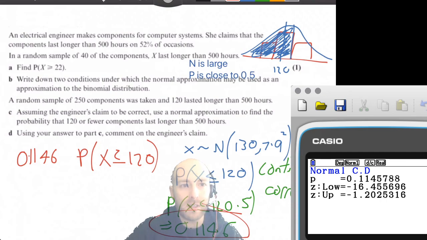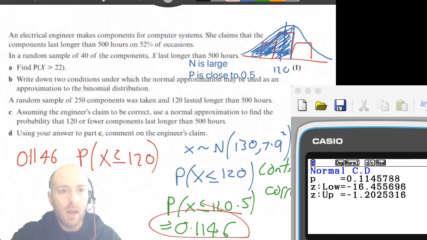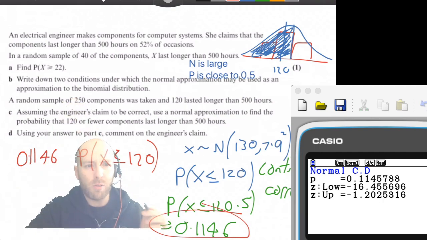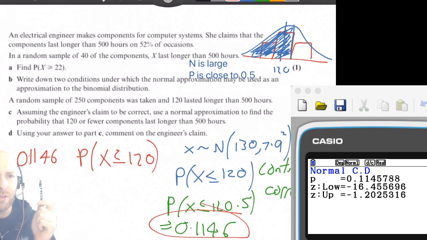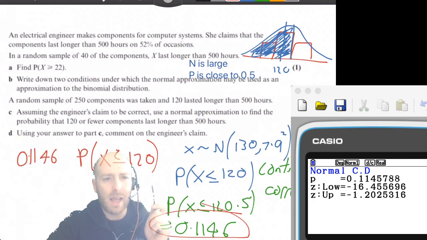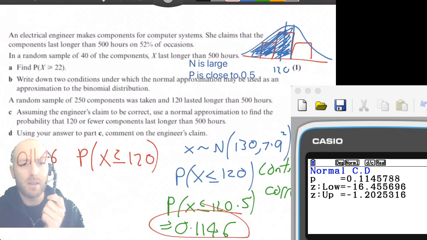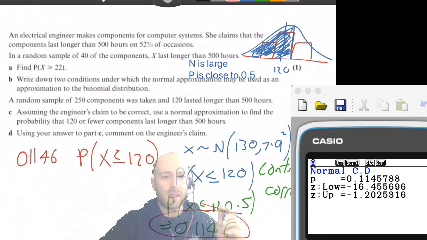She said that 52% last longer. Based on that probability, the likeliness of our sample only having 120 last longer was really, really low. So I would say there's an 11% chance of that happening if this number is true. So I would say the engineer's claim could be false.